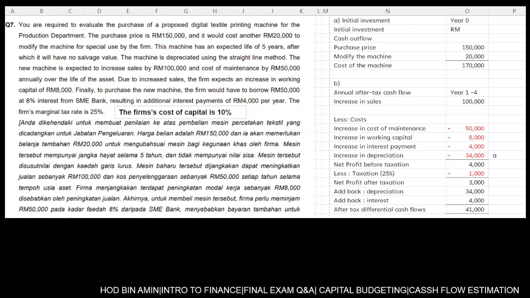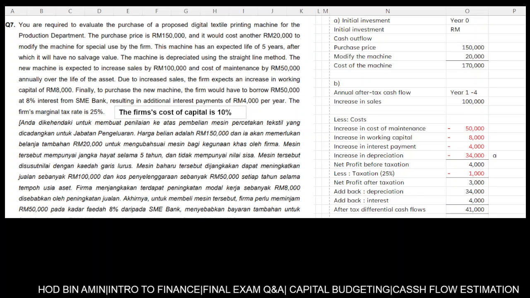I would like to solve this question regarding the topics of capital budgeting and cash flow estimation.